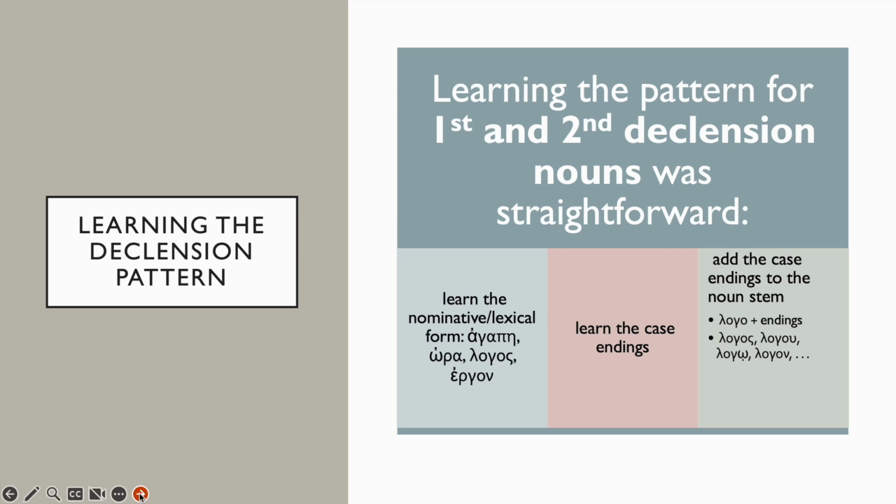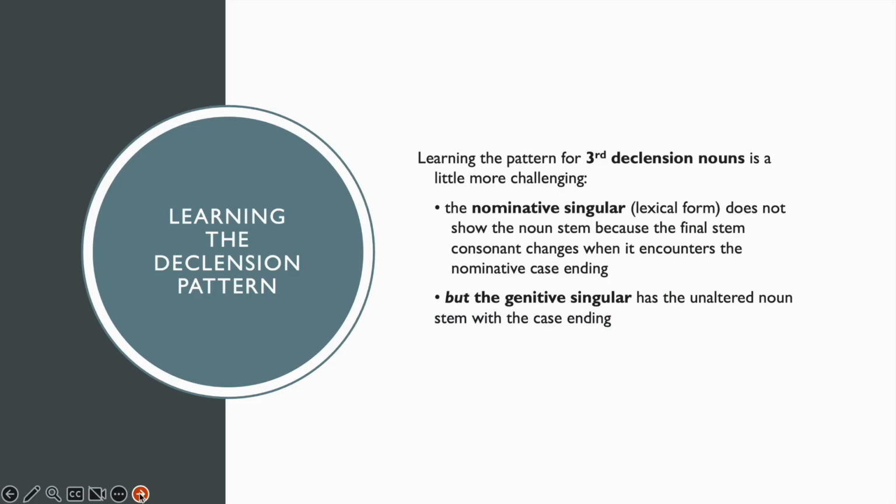So learning the pattern for first and second declension nouns was rather straightforward. You learned the lexical form, you learned the case endings, and you added the case endings to the noun stem. That made life easy. Learning the pattern for third declension nouns is a little more challenging. For instance, the nominative singular does not show the noun stem because the final stem consonant changes when it encounters the nominative case ending and also the dative plural ending.